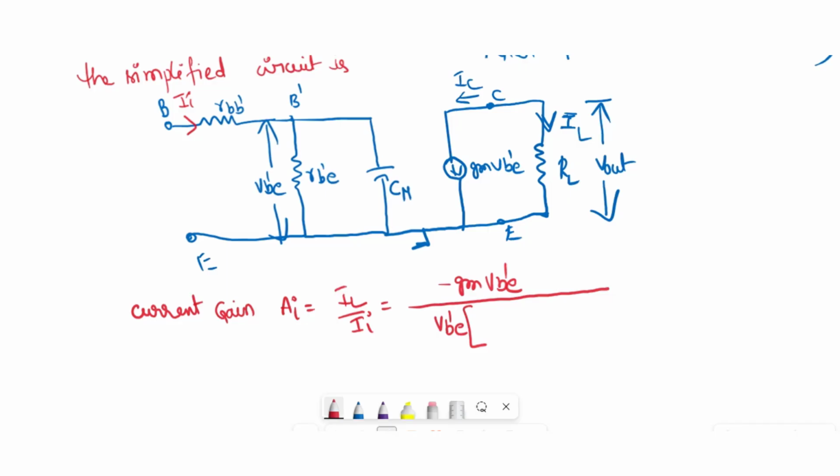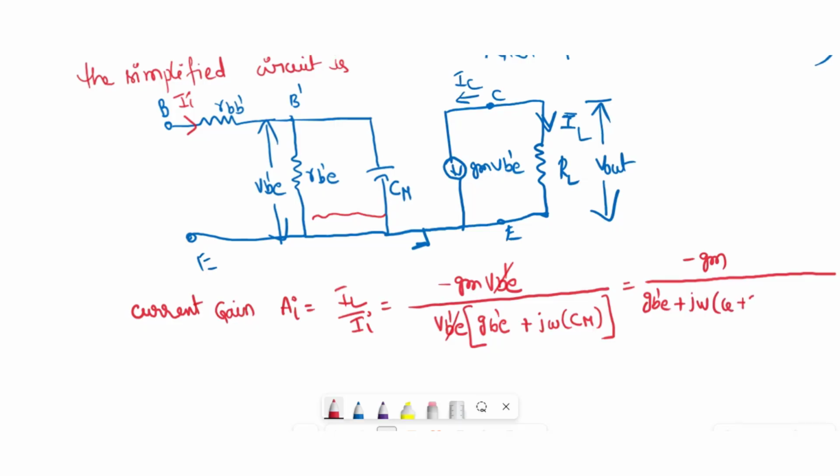VB dash E into the conductance of these two branches. The first branch conductance is GB dash E and the second branch conductance is J omega of Cm. So VB dash E cancel. Minus Gm by GB dash E plus J omega of CE plus CC of 1 plus GMRL.